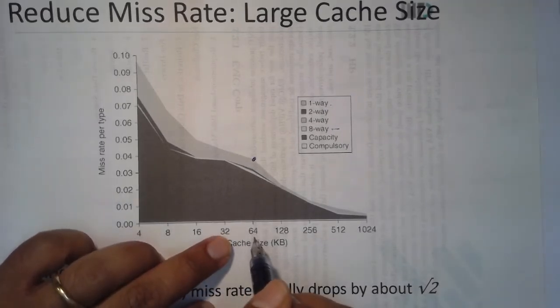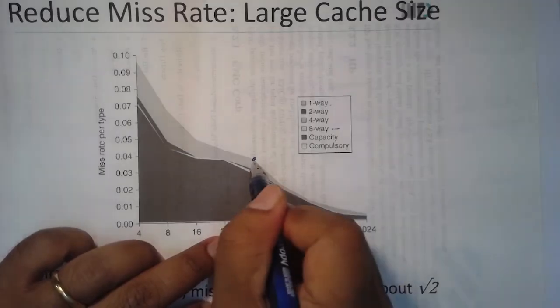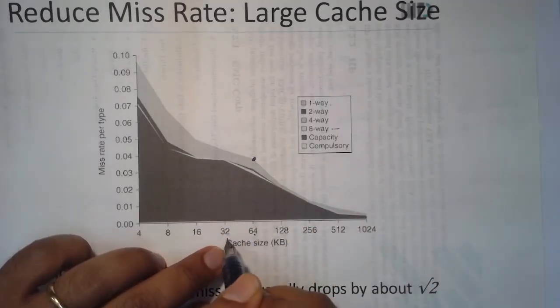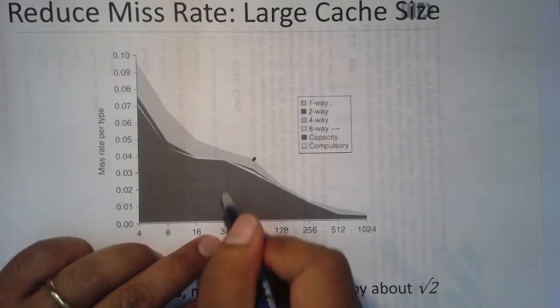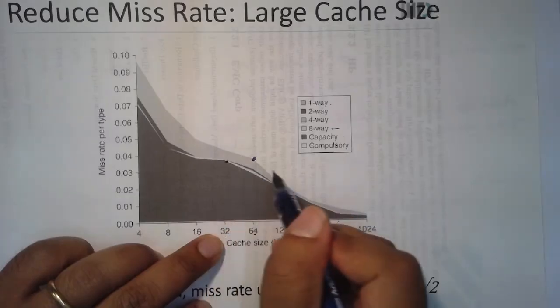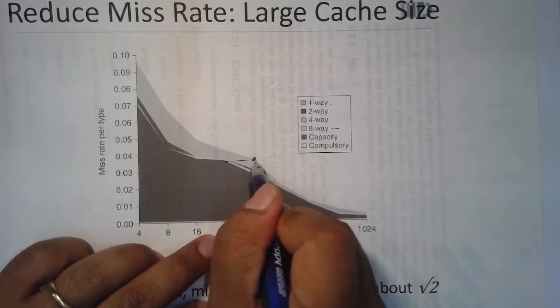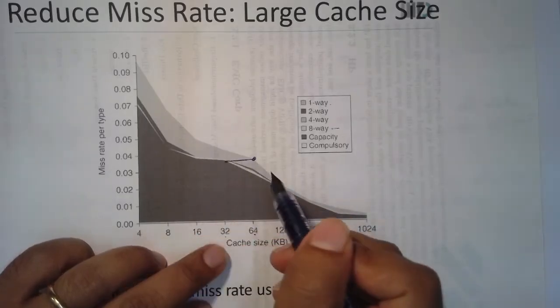So, let us say this is n. The direct map cache of size n has a miss rate of this. A two-way set associative cache of size n by 2 has a miss rate of this. So, you can see that these miss rates are almost the same.